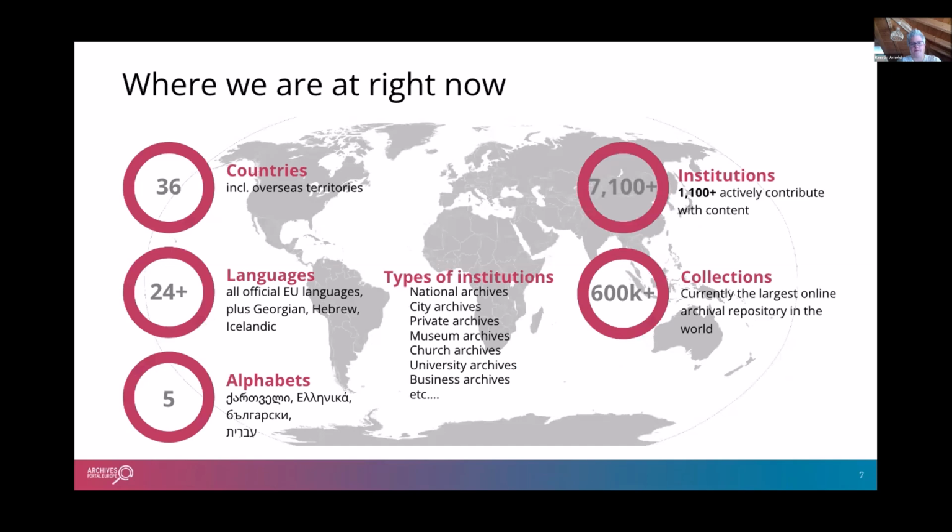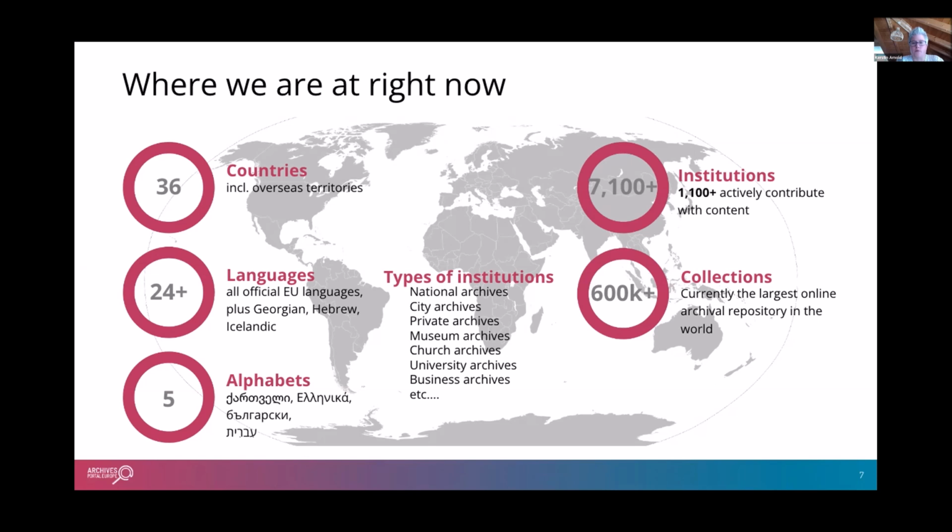Currently, we have 36 countries, including some overseas territories from, for example, France or the Netherlands, represented in the portal. That means we have content in more than 24 languages and 5 alphabets. So next to the Latin alphabet, we've got Georgian, Greek, the Cyrillic alphabet in various countries, and Hebrew.